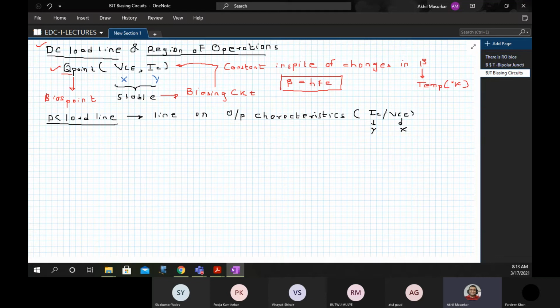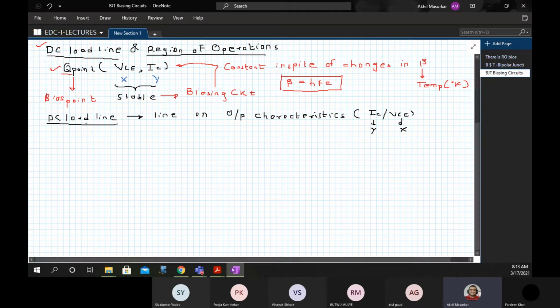For a common emitter circuit, the load line is a graph of collector current IC and the collector emitter voltage VCE for a given value of RC and for a given supply voltage. So you get some value of IC and VCE, provided you consider some values of resistances and supply voltage.